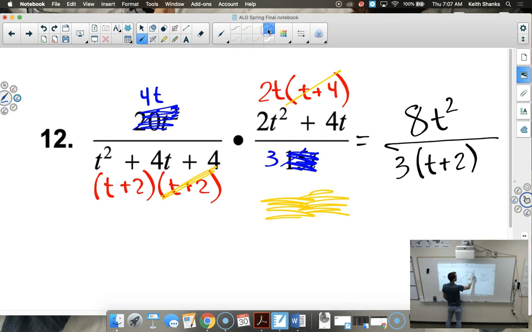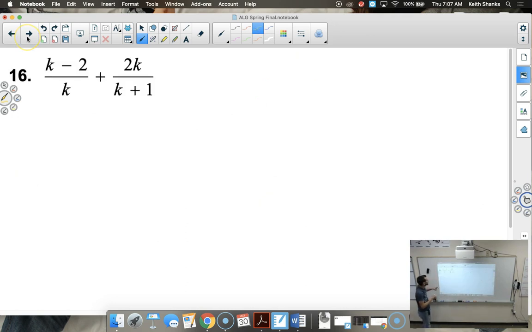I apologize for that. A long time ago, this should have been a 2. If I pulled out 2t, 4t divided by 2t is 2. So maybe you were wondering why I did that. You should have been. Just kidding. So these do cancel out because they're identical. They are exactly the same. Okay. So again, sorry for my mistake earlier there.